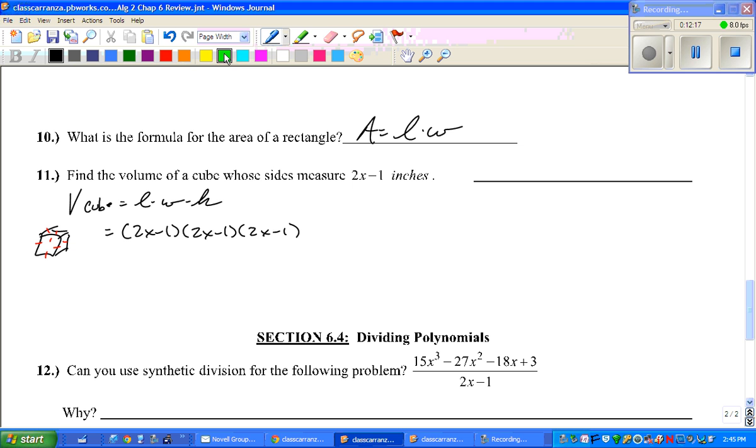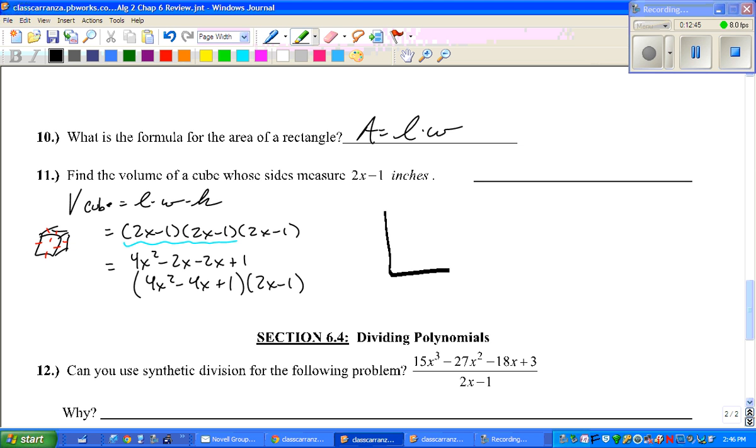Okay, now we've talked about just foiling the first group, which gives you 4x squared minus 2x minus 2x plus 1. And when you combine your like terms, then you can multiply that with the 2x minus 1.